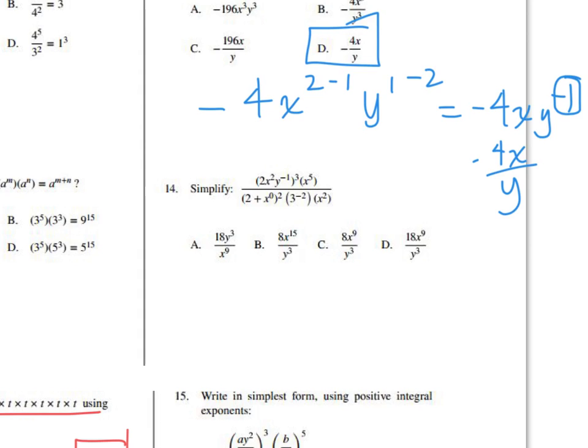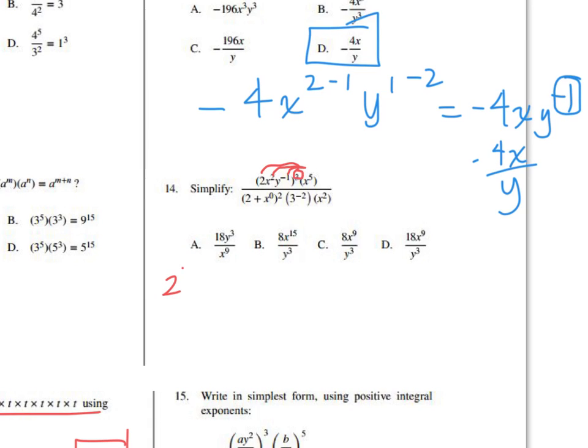All right. 14. So I have 2x squared y to the negative 1, cubed, x times x to the 5th, all over 2 plus x to the 0, squared, plus 3 to the negative 2 times x squared. Well, first rule, this exponent is going to get distributed to every piece here, yes?